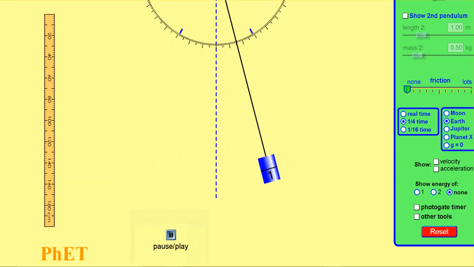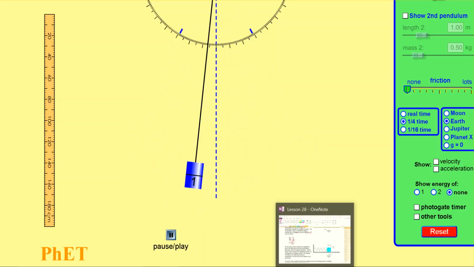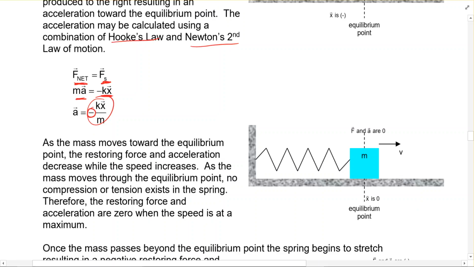That's going to become important, because we're going to have a similar situation with our spring. As this block is moving past our equilibrium position, the force and the acceleration are both going to be zero. It's going to be going its fastest at that point. V is the biggest, but force and acceleration are nothing. It doesn't need to apply a force anymore because it's at that equilibrium position.